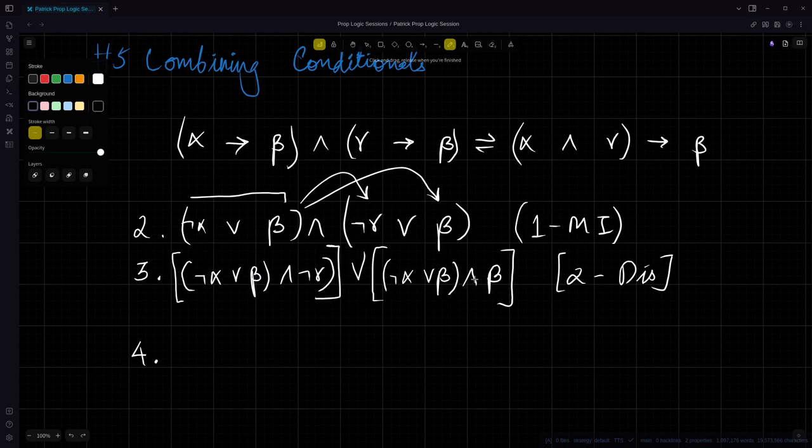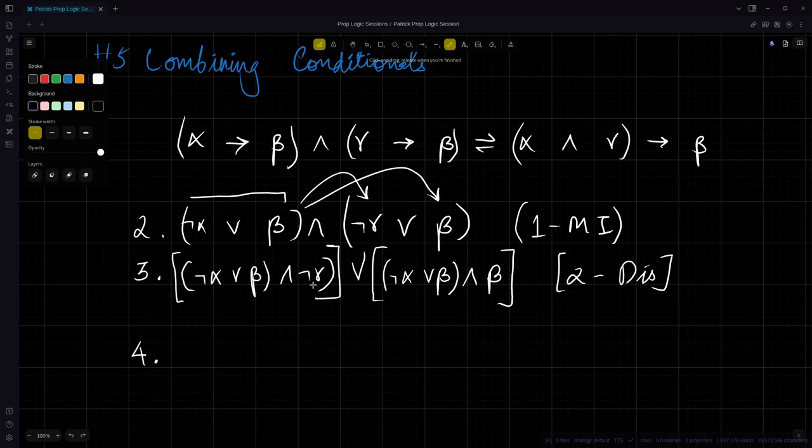What do we do inside? Okay, what can we do inside? We can distribute again, right?